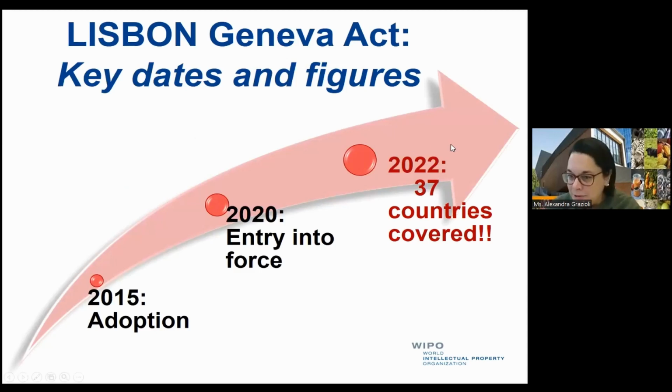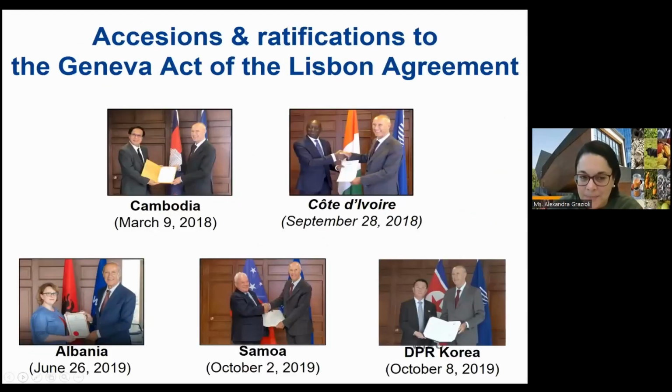But much more interesting is that, as you see, in 2020, we had 5 contracting parties in the system. And after only 2 years of existence of the Geneva Act, the system covers already 37 countries. So more countries than those covered by the old version in almost 70 years of existence.